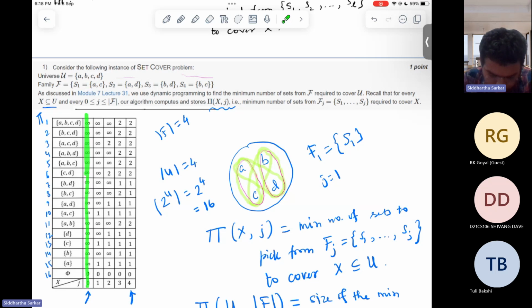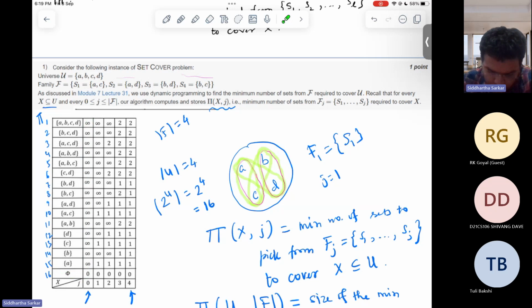This corresponds to asking that if you are not allowed to take any subsets from S1, S2, S3, and S4, then what can we do? We can only cover nothing. But if you want to cover anything non-empty, that won't be feasible. So all these infinity entries correspond to that.